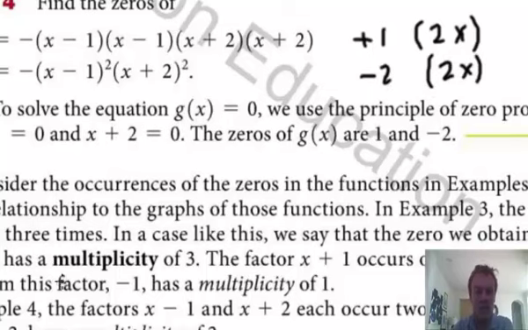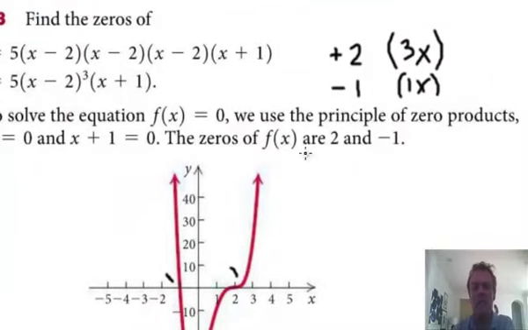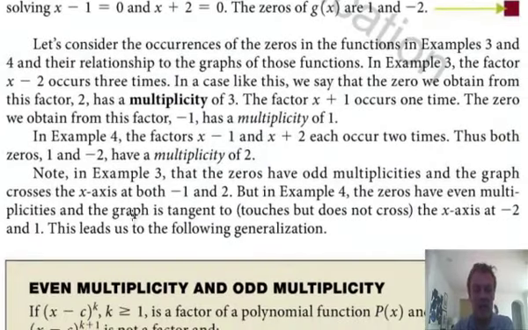Now then, let's have a look down here. As in the previous one, when we had odd multiplicities, it crossed the x-intercept. When we have even multiplicities, the zeros have even multiplicities, the graph is tangent to the x-axis. What we actually say is it touches and turns. So it doesn't cross, it touches and turns.